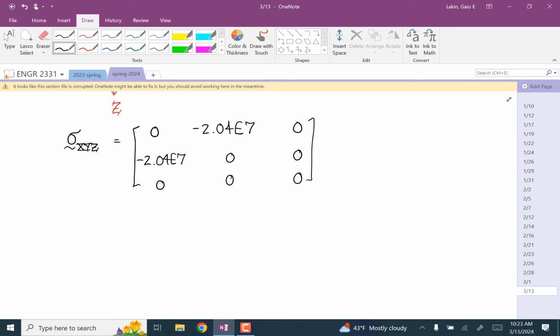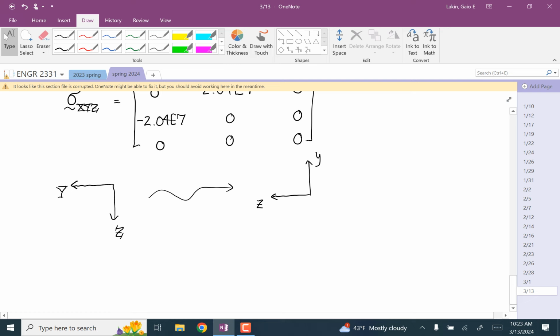We're doing a rotation from a coordinate system like this to a coordinate system like this. You can do that as negative 90 or positive 270 about the x-axis.